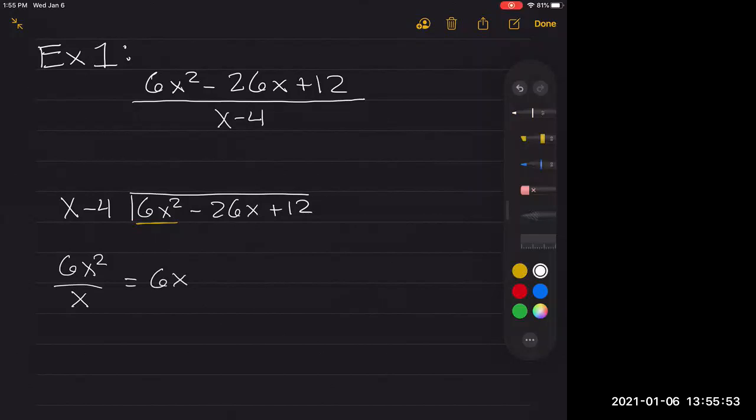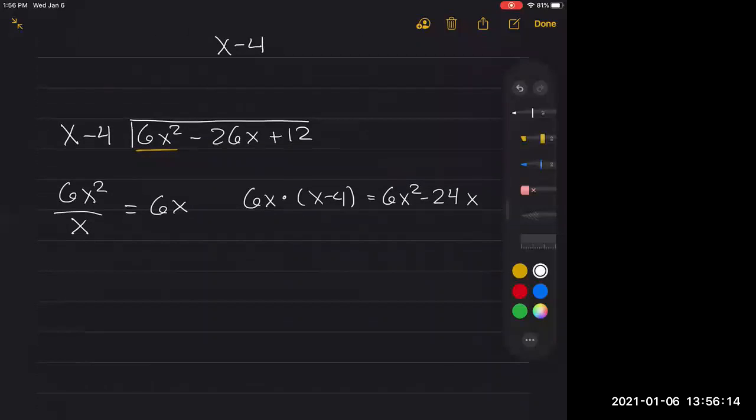All right, and then we're going to multiply the divisor by this value here. So 6x times x minus 4 equals 6x squared minus 24x. All right, and then in our original problem up here, we have x minus 4, 6x squared minus 26x plus 12.